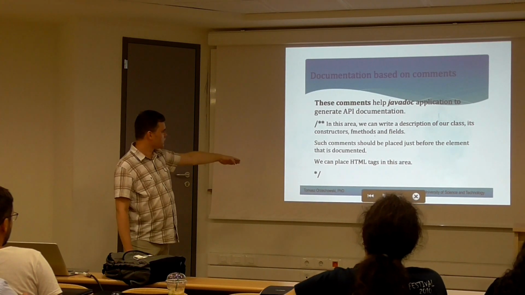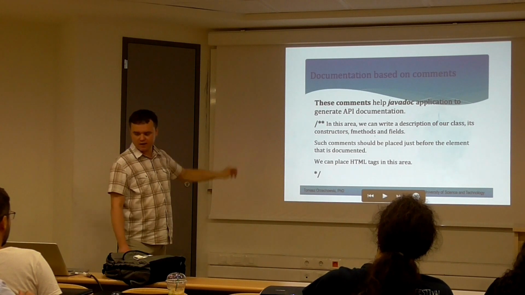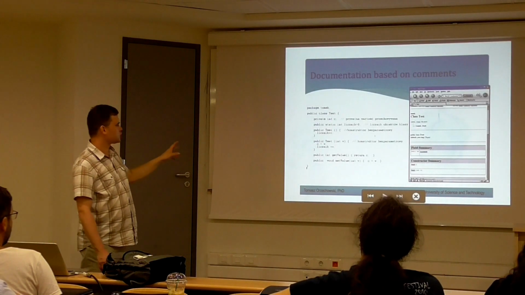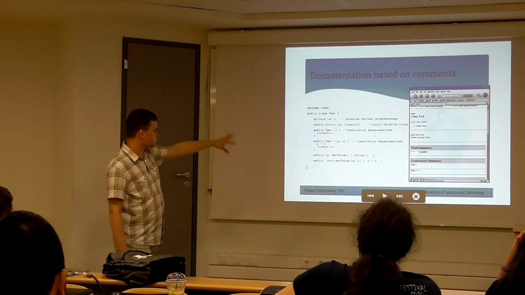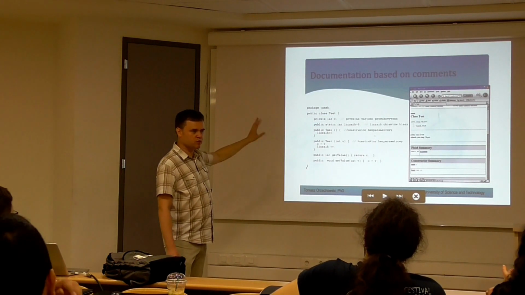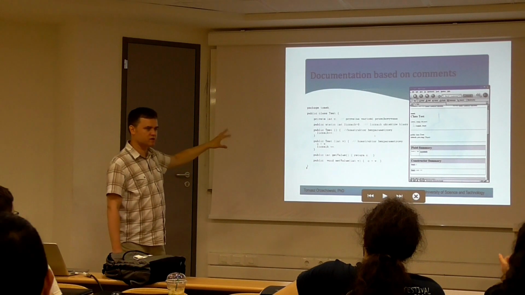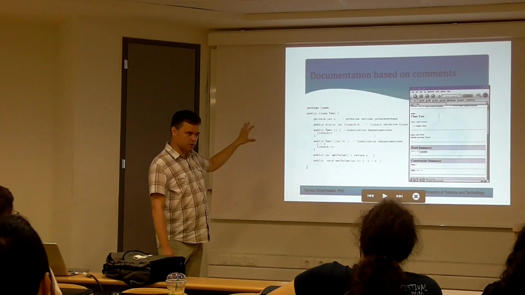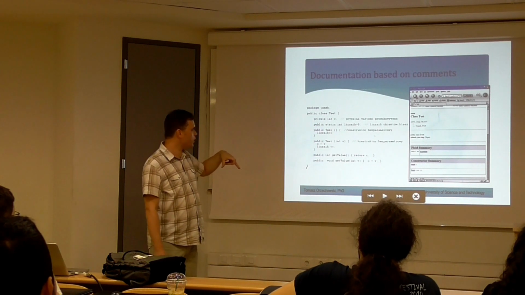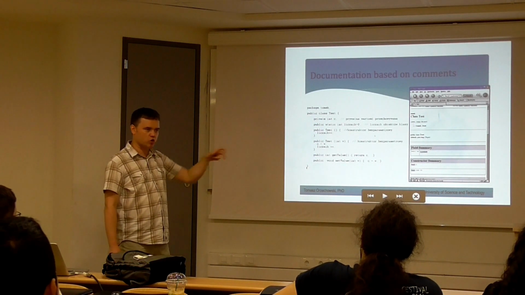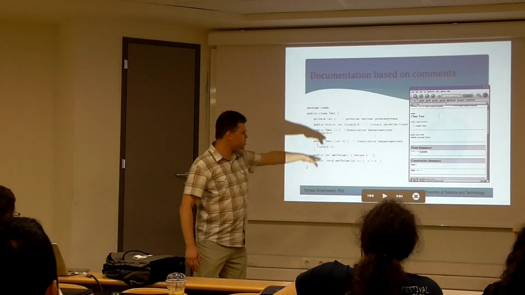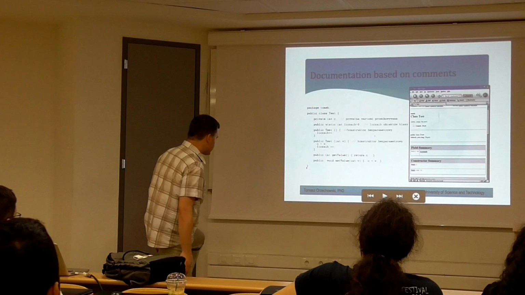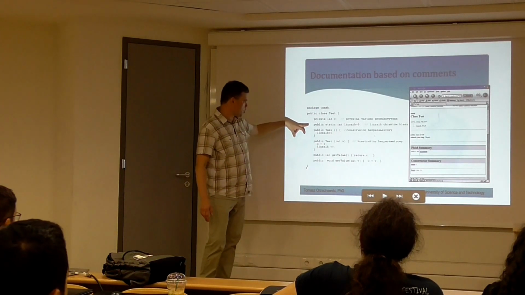Okay? So everything will be analyzed. How to do it? If you want to create just documentation, you can write something. It doesn't matter. It's just a source code. When you run Javadoc on this source code, the structure will be created, but it will be empty. So everything public will be found.